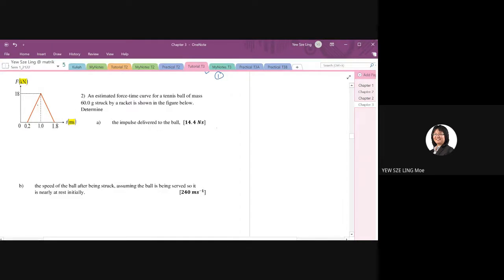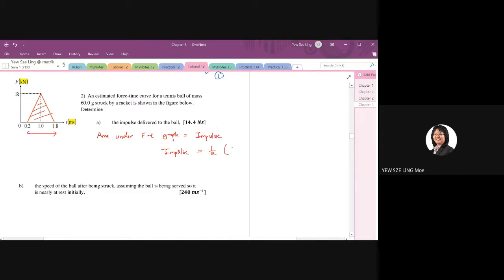Impulse, we know it is the area under the graph. So now we have a triangle. Again, you need to write it, always need to write it: area under FT graph is equal to the impulse. So impulse is then equal to 1/2 times the base of the triangle.